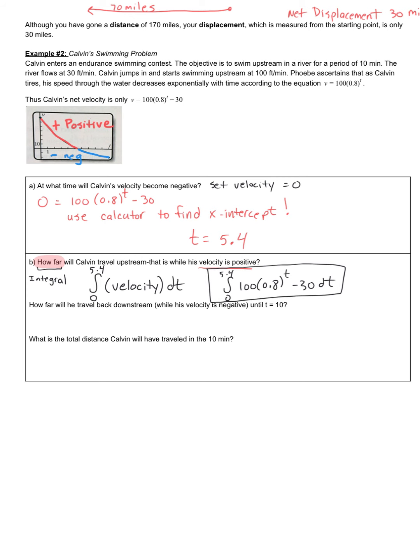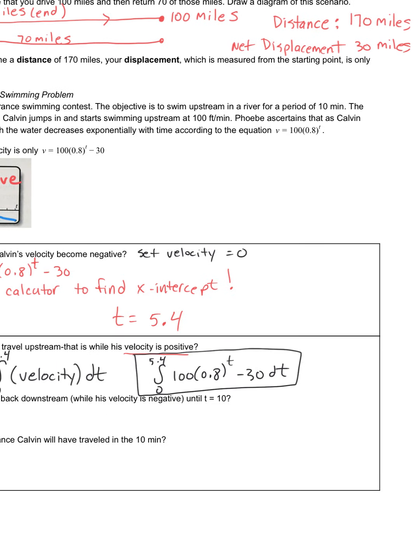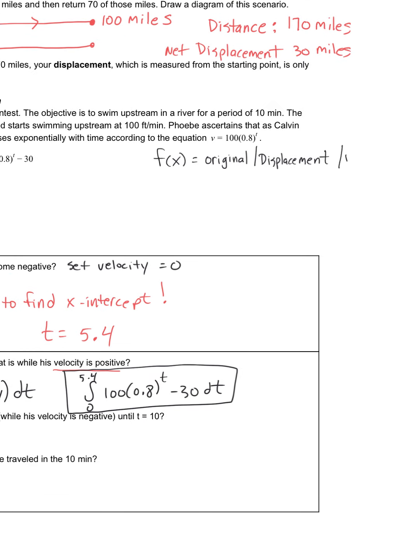Okay? Now, let's just go off to the side and let's remember the names of our functions. Remember, f of x, our original function? What are the two names for the original function? Well, it's called displacement in the calculus world. And also, the other name that it sometimes is referred to is the position function. So we got to remember that.